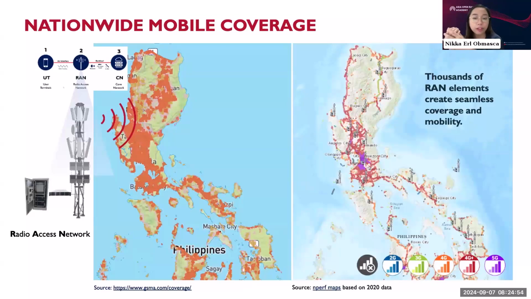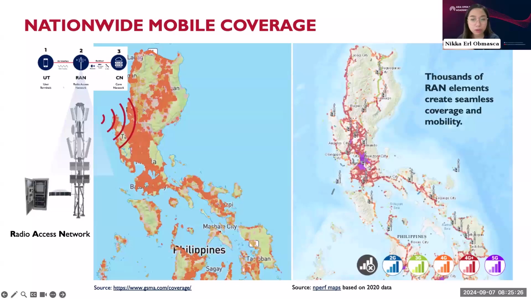For example, I think most of you are very familiar with this. If we are deploying RAN in an urban area, kapag nasa urban area tayo, we have high population density and building density. So yung mga network operators natin deploy more cell sites with lower output power to provide coverage to small areas, since mataas nga yung population and maraming building within the area.